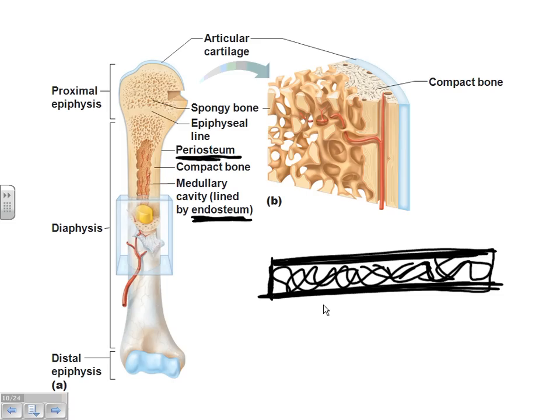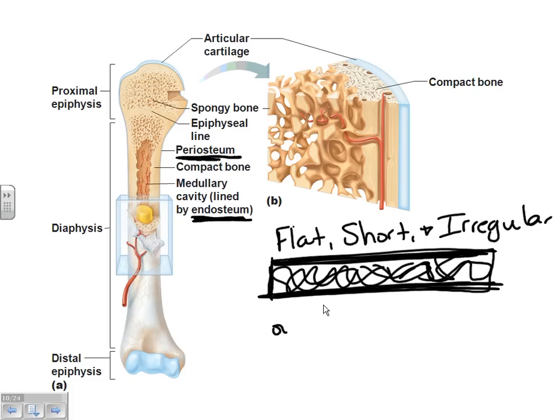As an adult, this is true for flat, short, and irregular bones. Outside is compact bone. Inside is spongy bone. As an adult, these types of bones, in there where it's spongy, that's where you have red bone marrow.